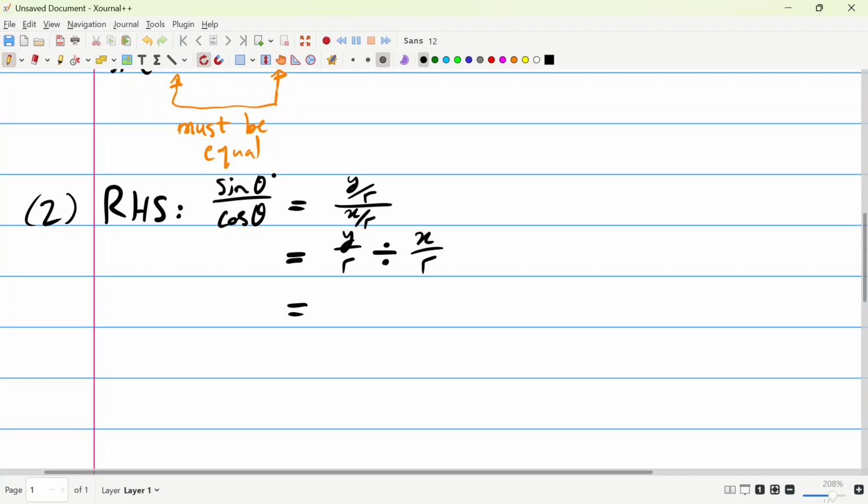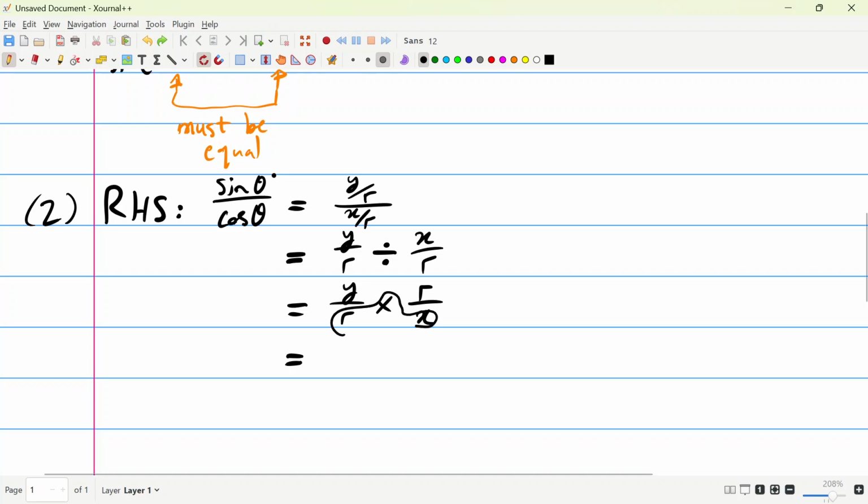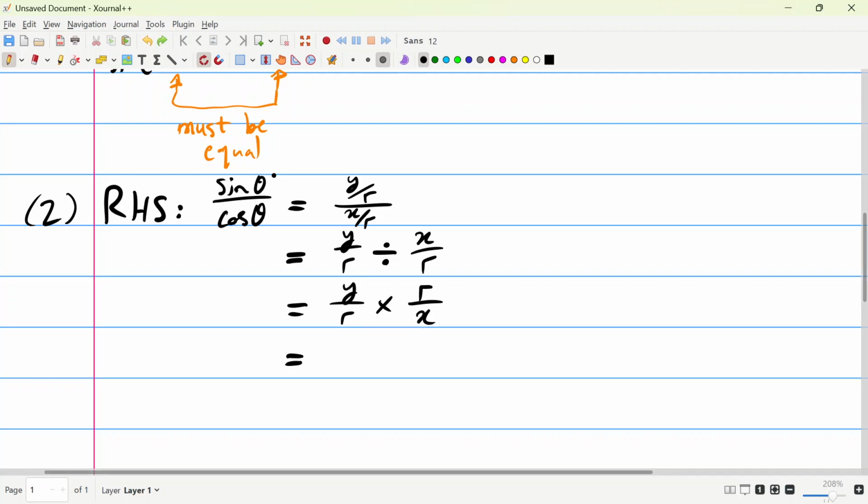And if we tip and times, all we are going to do is say y over r multiplied by the reciprocal, the flipped over version of this fraction, which is r over x. And if we use multiplication of fractions, we can multiply the numerator with the numerator, and then the denominator with the denominator, such that we have y times r divided by r times x.